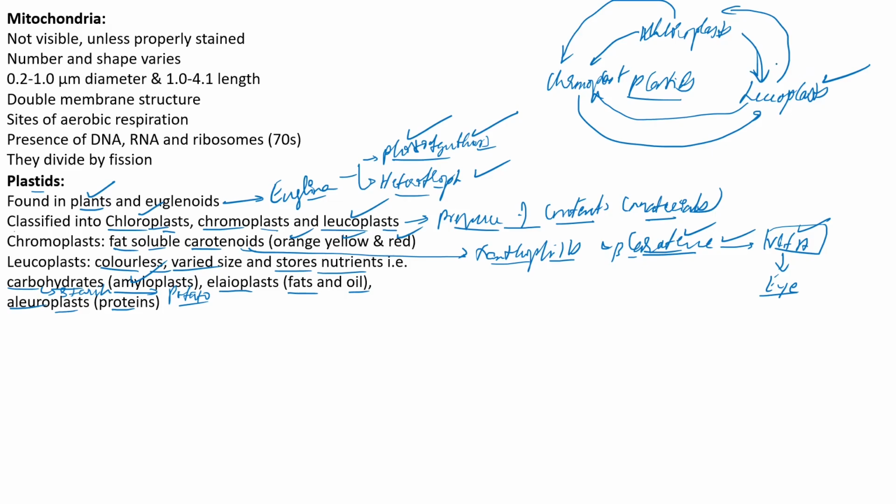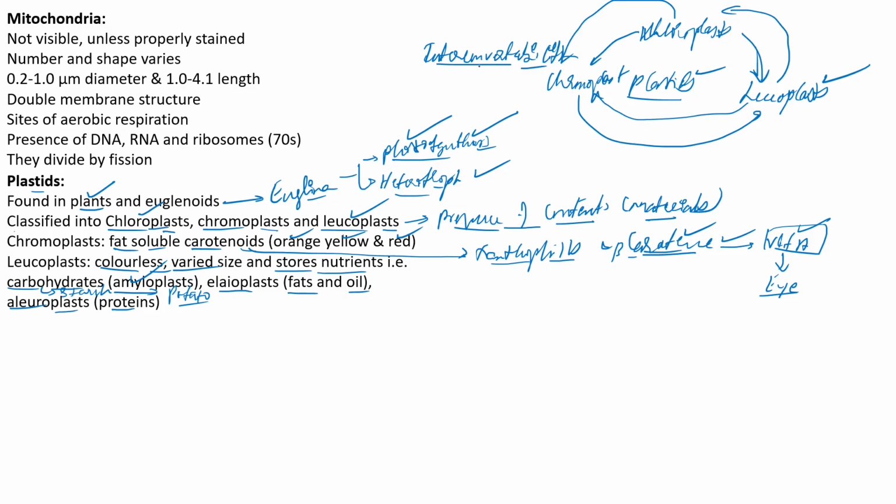But there is a very strong possibility, depending upon the requirement, that the leucoplast may be converted into chloroplast, or chloroplast into leucoplast, or chromoplast into chloroplast, vice versa. So this is one interesting fact about the plastids, that is interconvertibility. Remember this point.